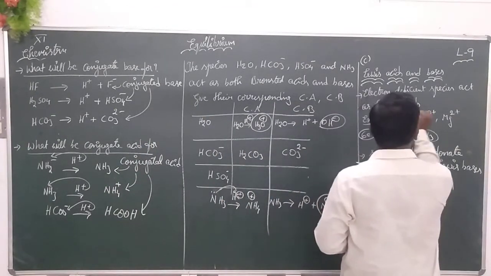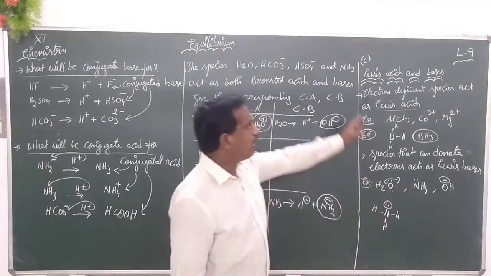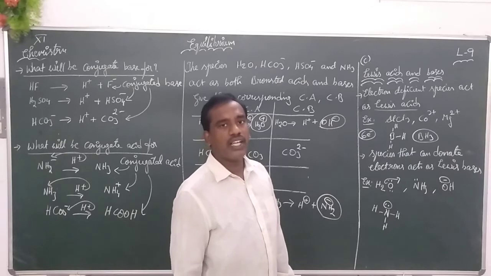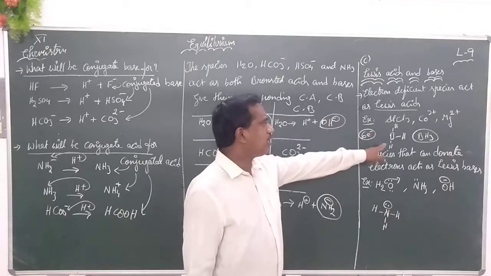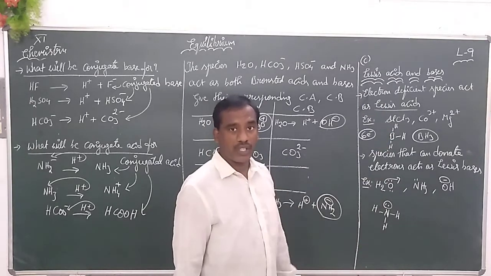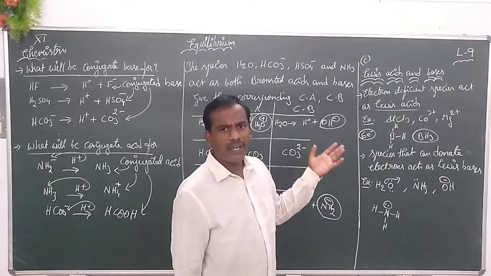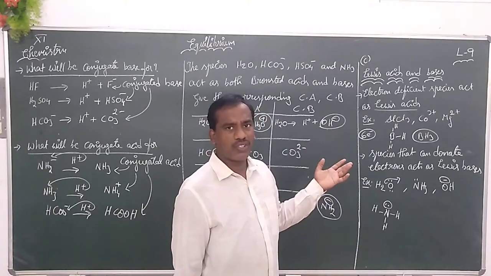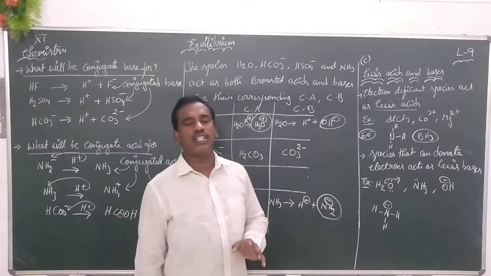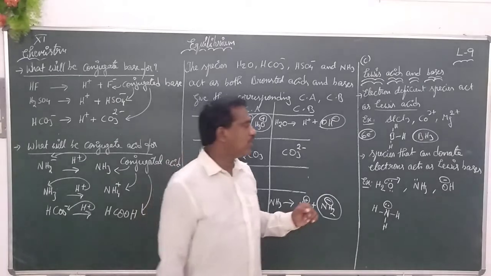I hope you understood what I mean by Lewis acid. Once again, repeating: electron deficient species are called Lewis acids. For example, I can take BH3 or AlCl3, which we learned many times in organic chemistry, or any metal ion like Co3 plus or Mg2 plus. Any electron deficient center we simply call a Lewis acid. Then what is a Lewis base?